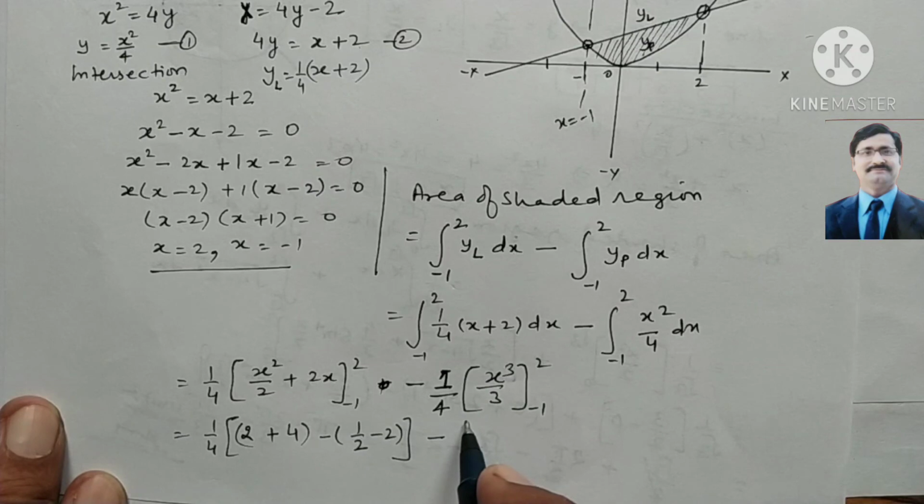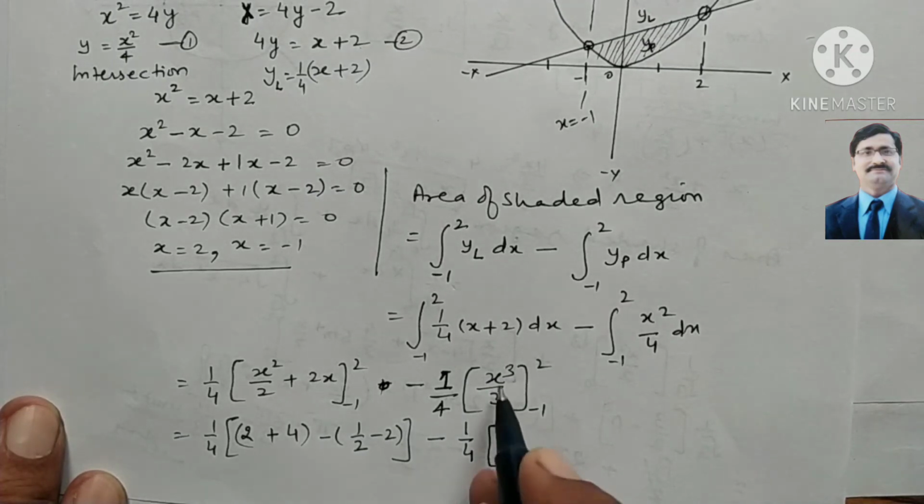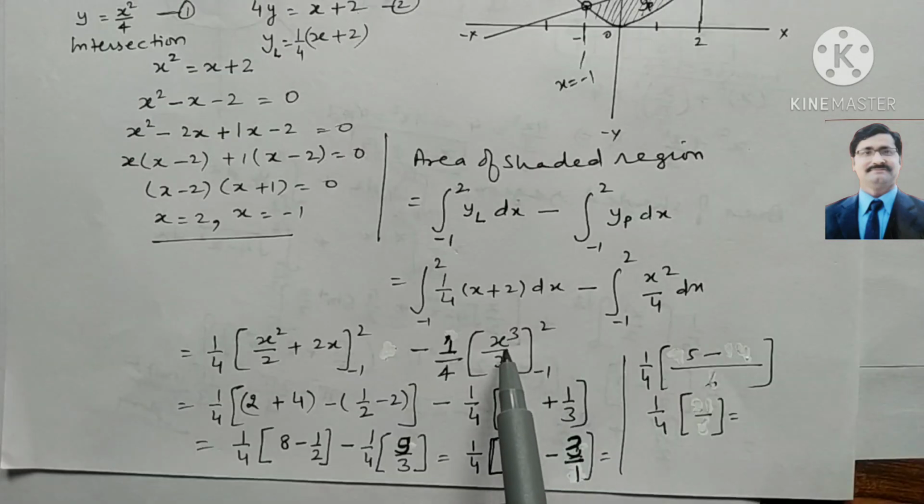Now minus 1 upon 4, and here if we put 2, 2 power 3 is 8 upon 3, and we put minus 1, so minus 1 by 3 with minus, so plus 1 by 3 we get. Look here, 2 plus 4 is 6 and 2 is 8, okay, and minus 1 upon 2, and here minus 1 upon 4, and 8 and 1 is 9 by 3 we get.